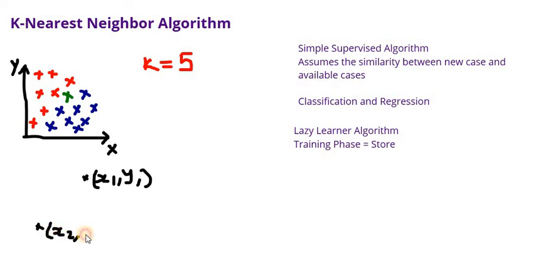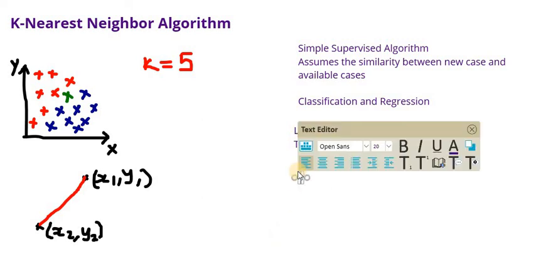For calculating the distance between these two points, a number of methods are available, maybe Euclidean or Manhattan distance; any one mechanism can be used here. Now I am going to use the Euclidean distance method.